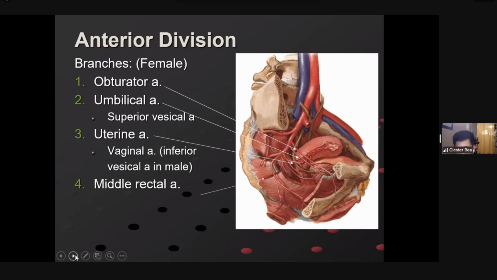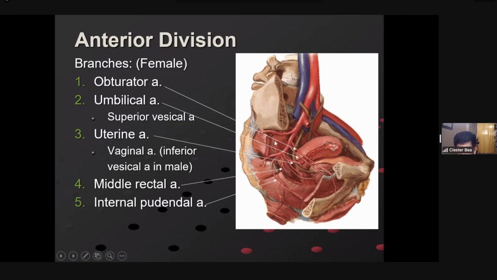You have the middle rectal artery, another branch of the internal iliac, and you have the internal pudendal artery. If you follow the course of the internal pudendal artery, it goes out via the greater sciatic foramen and enters the perineum via the lesser sciatic foramen.